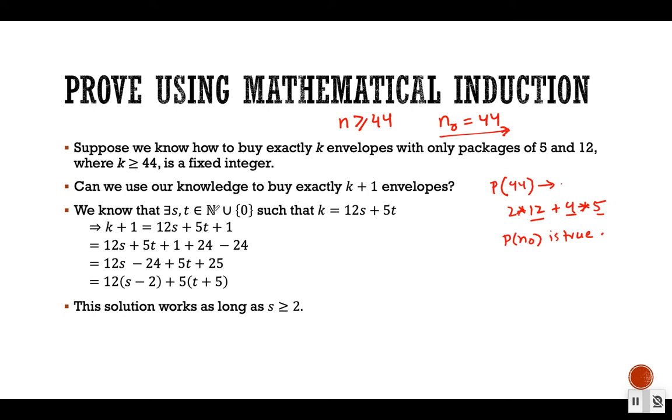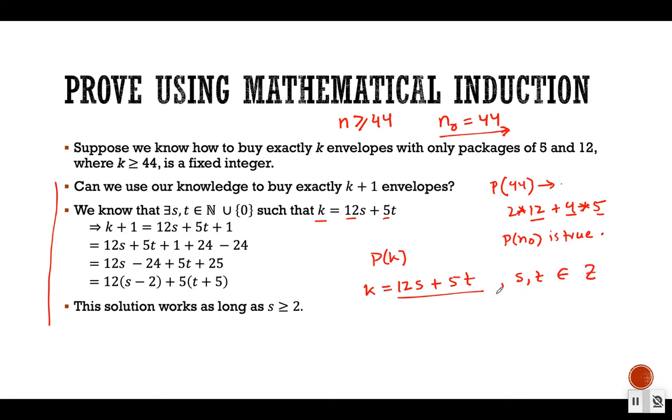Now our induction step: we are going to assume that Pk is true. If Pk is true, that means I can transform k as a linear combination of 12 and 5. So k equals 12s plus 5t. I can represent k like this, where s and t are both integers.